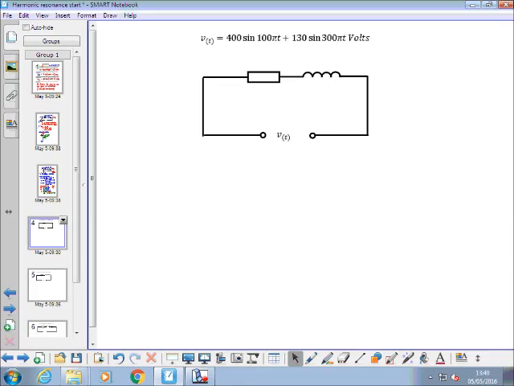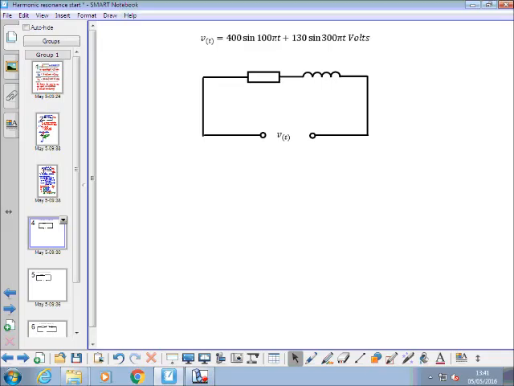What we're going to demonstrate is that you can analyse these circuits by analysing each of the waveforms separately. You can analyse the current due to the fundamental and the current due to the third harmonic, and add them together, and you'll have an expression for the total current flowing in the circuit.